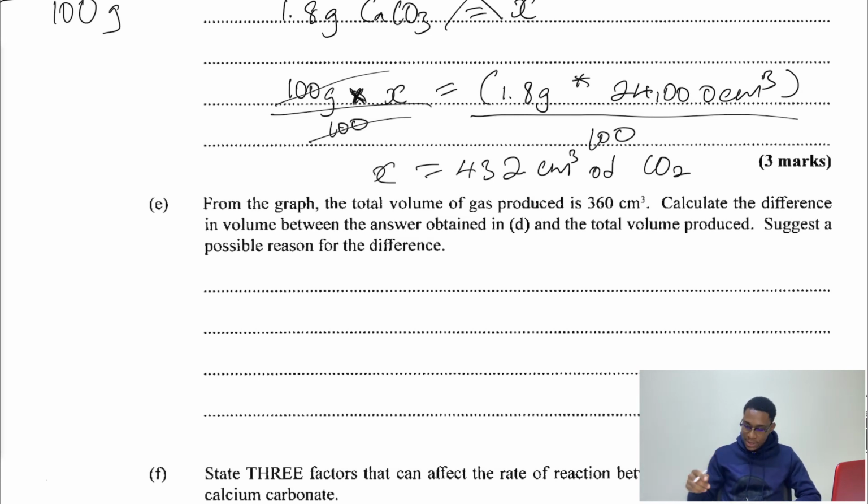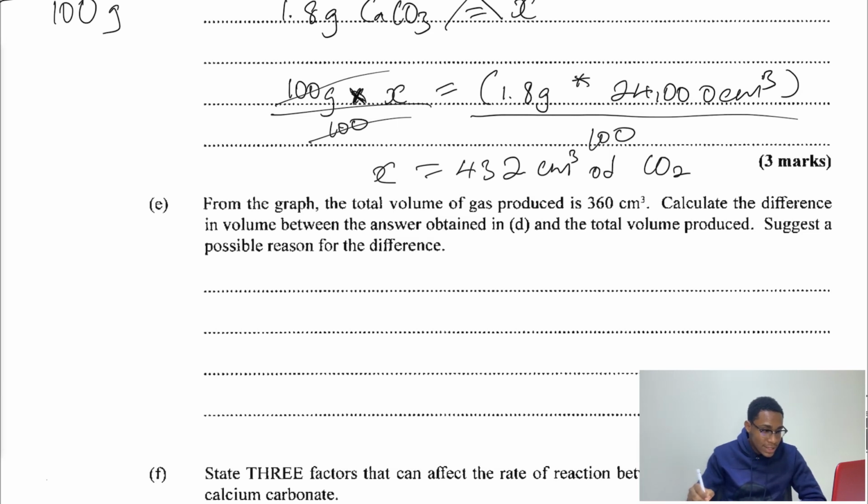360 centimeters cube, and we're going to calculate the difference in volume between the answers obtained in D and the total volume produced. So we want to suggest a possible reason for the difference. Remember, what does difference mean? Difference is subtraction.